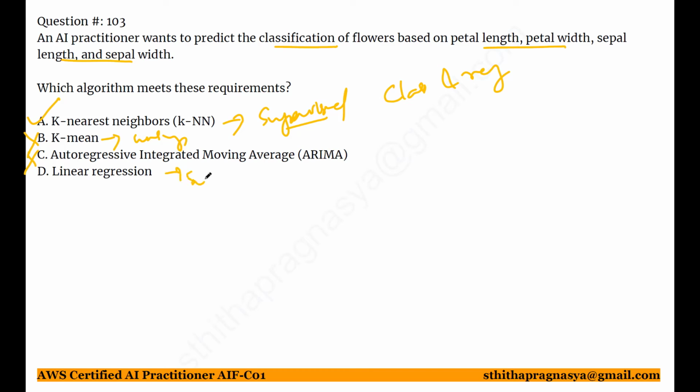This is a supervised learning algorithm used for regression tasks, okay, predicting continuous numerical outputs. It is not appropriate for categorical outputs like flower classes. This is not correct, as linear regression is not for classification. So the answer is KNN.